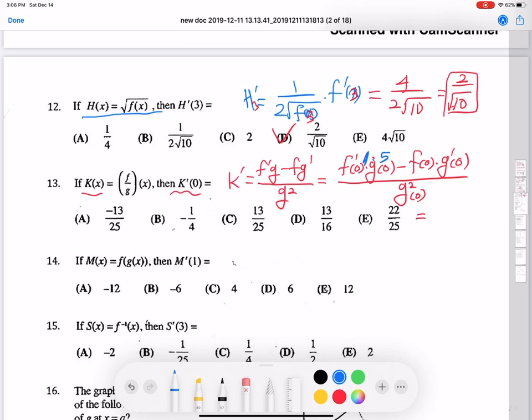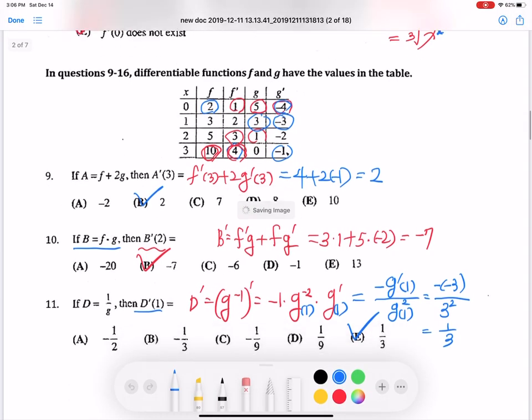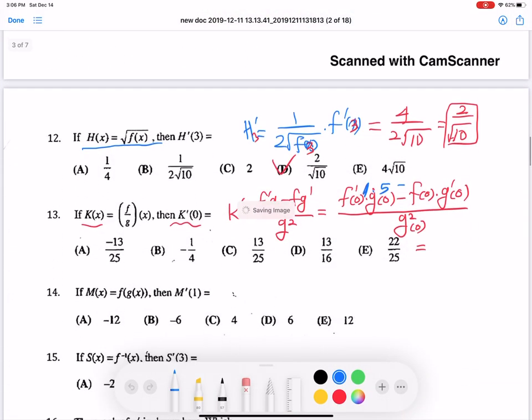And then now we need minus f0 times g prime of 0, f and g prime. f is 2, g prime is negative 4. So this is 2 times negative 4.